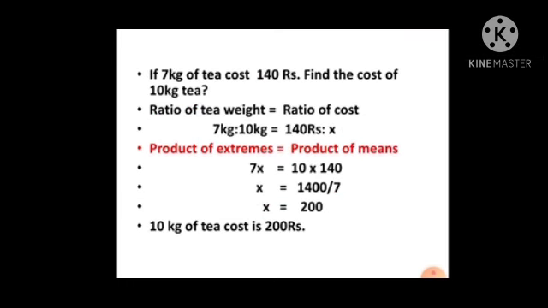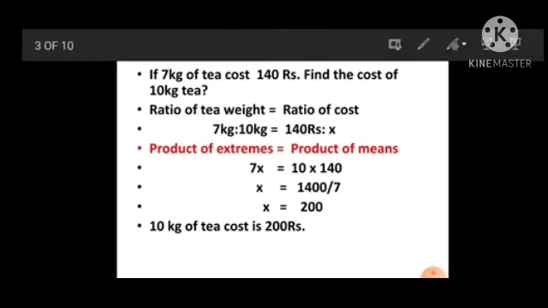Now next example. If 7 kg of tea cost 140 rupees, find the cost of 10 kg tea. Now we write first the ratio.